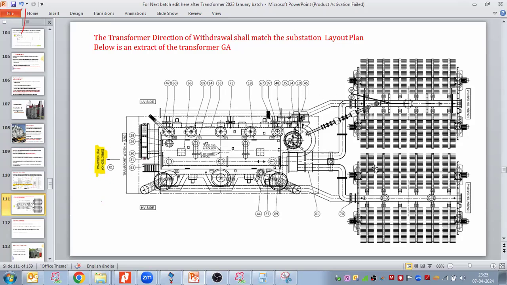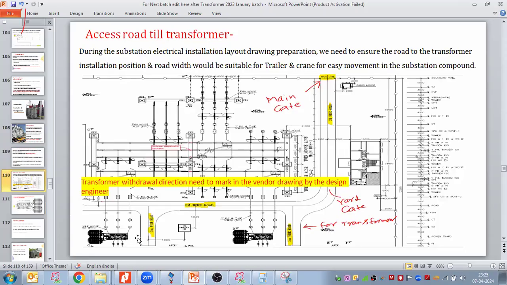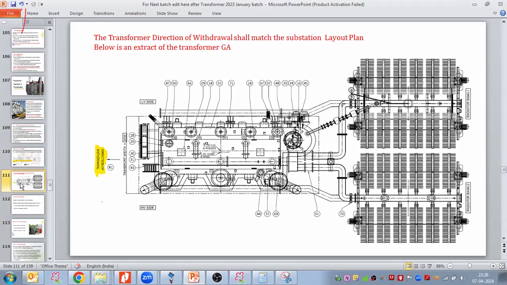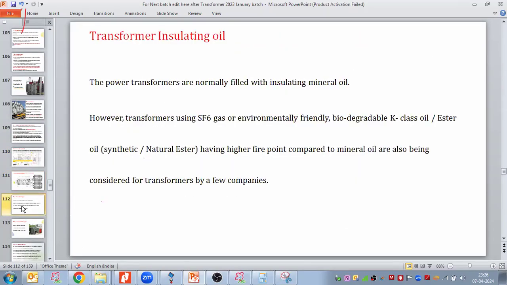Like here, we have a direction of withdrawal, and here we have the road. So here we can withdraw with the road coming here directly, and here we need to put the rail or route. For the rail route, we take the transformer to its desired foundation, right?